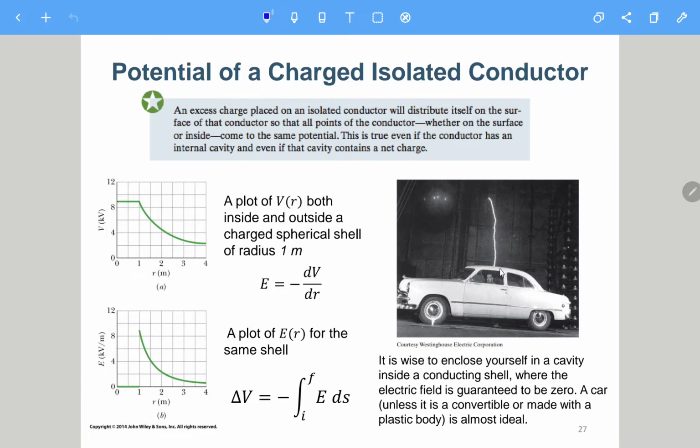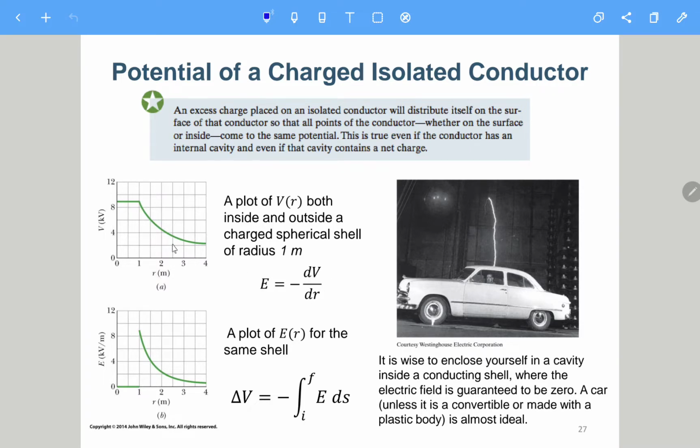This figure shows a car with a person inside, and lightning shooting on the car, but this person is fine, because the shell is just like a conductor shell. Inside the conductor shell the electric field is zero, so there will be no current going through this person. So this person is safe.